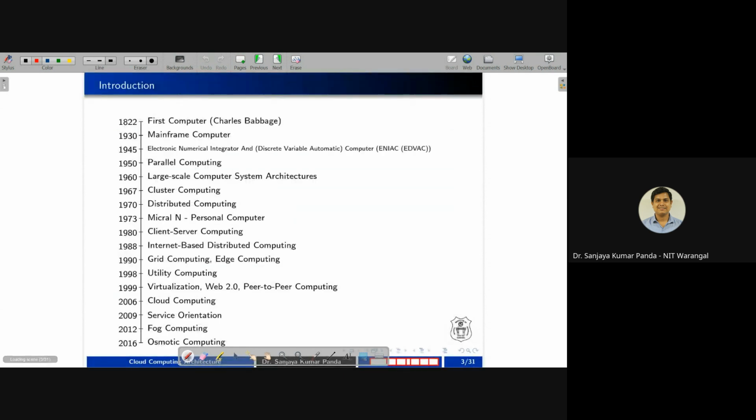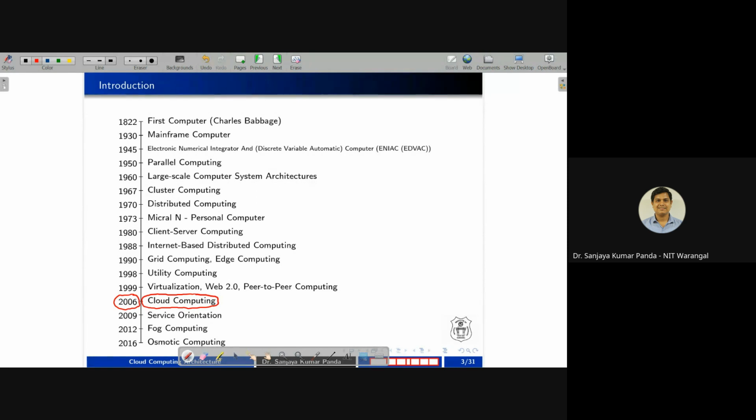So coming to the roadmap of computing. In this slide, you can see I am showing you some of the computing which is in my mind from 1822 to 2016, in which you can find cloud computing in the year 2006. Any computing that was developed before 2006 can be considered a predecessor of cloud computing.